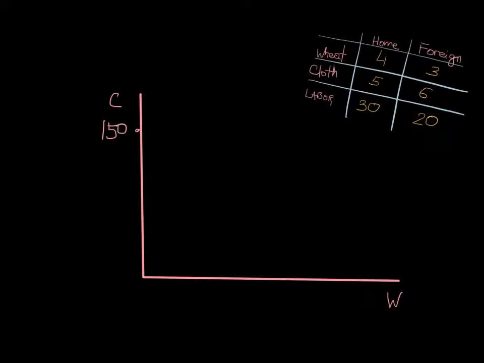How about wheat? If home uses all 30 units of labor to produce wheat, 30 times 4 equals 120. The line connecting those two points will be home's PPF.